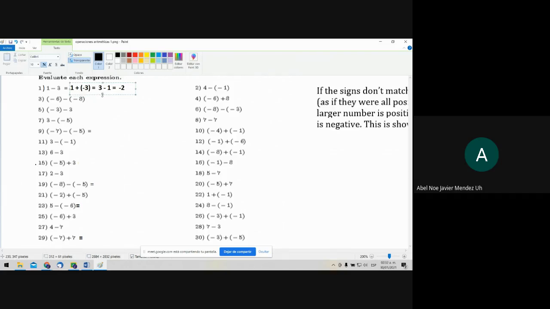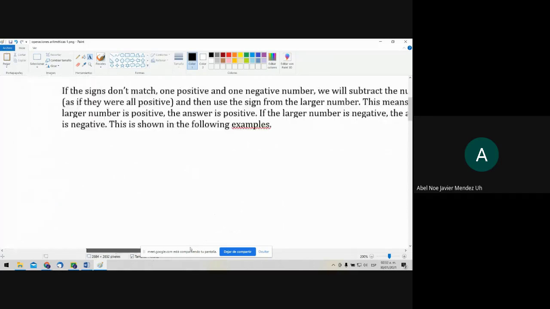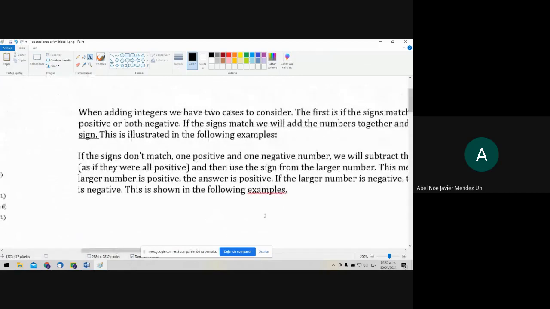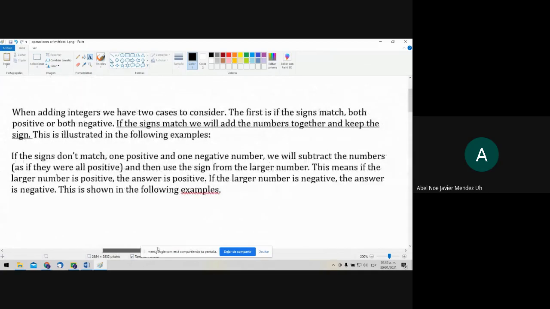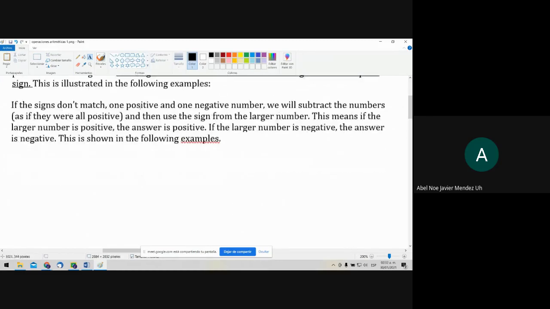Okay, here we have the rule, and here when adding, if the signs match, we will add the numbers together. Now the second case, if the signs don't match.